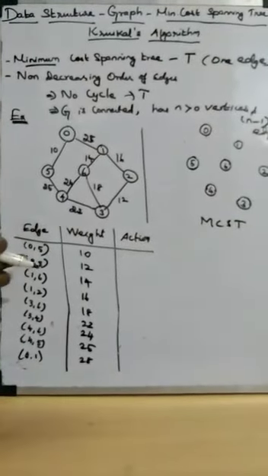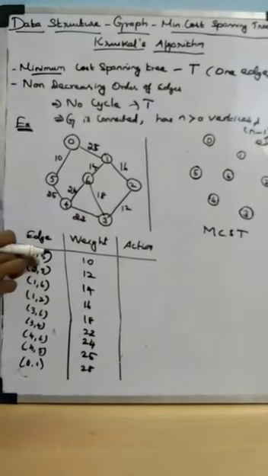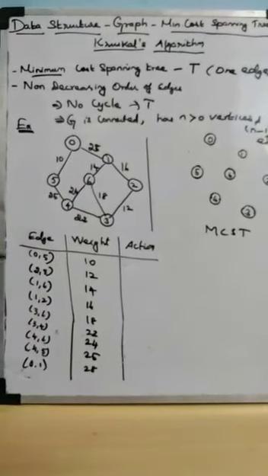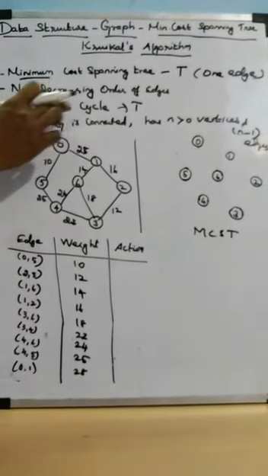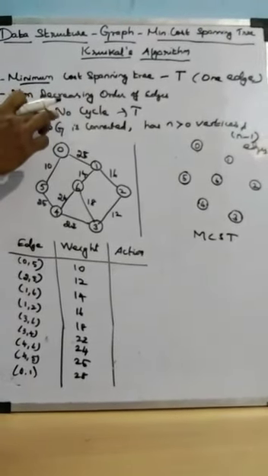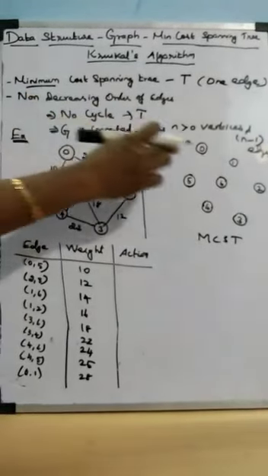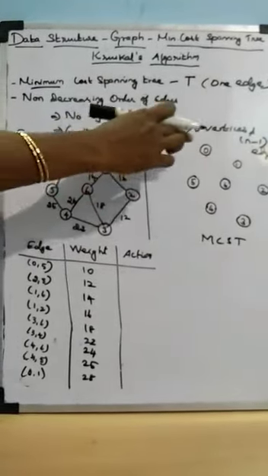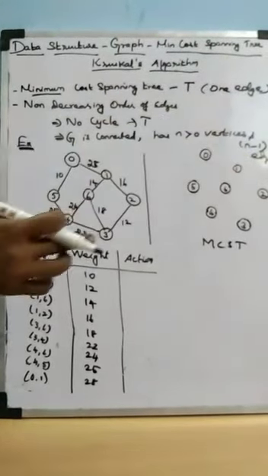For example, the first minimum cost edge is 0, 5. We select this edge after checking that it forms no cycle, and finally the constructed minimum spanning tree has n-1 edges.